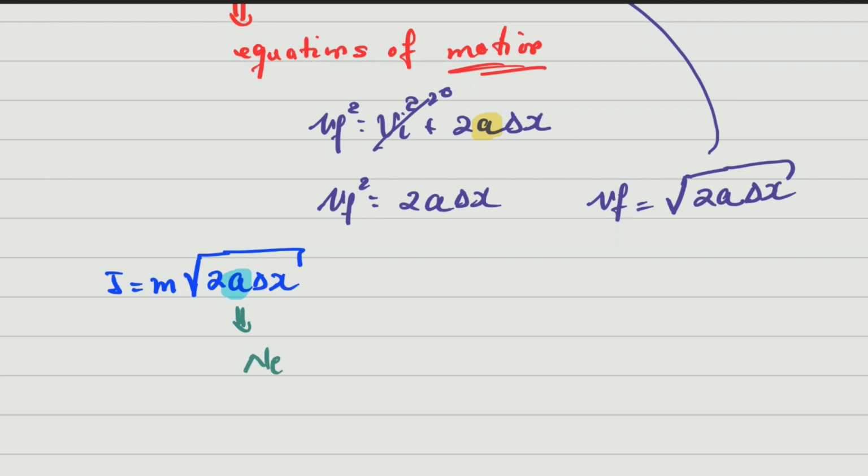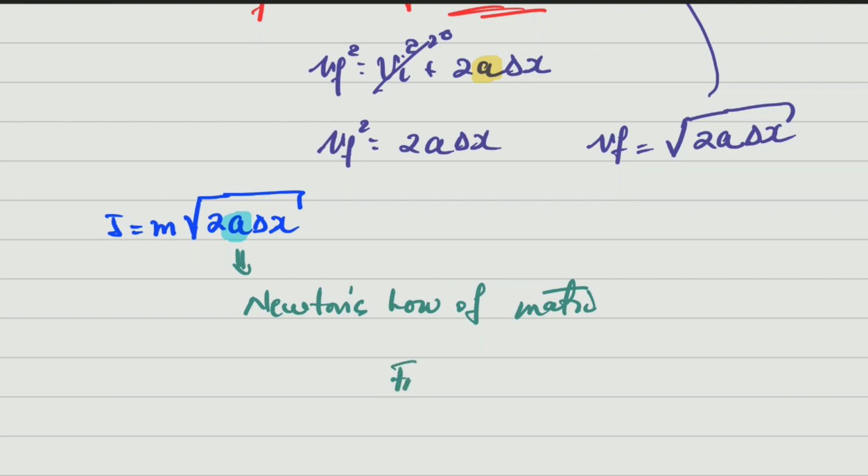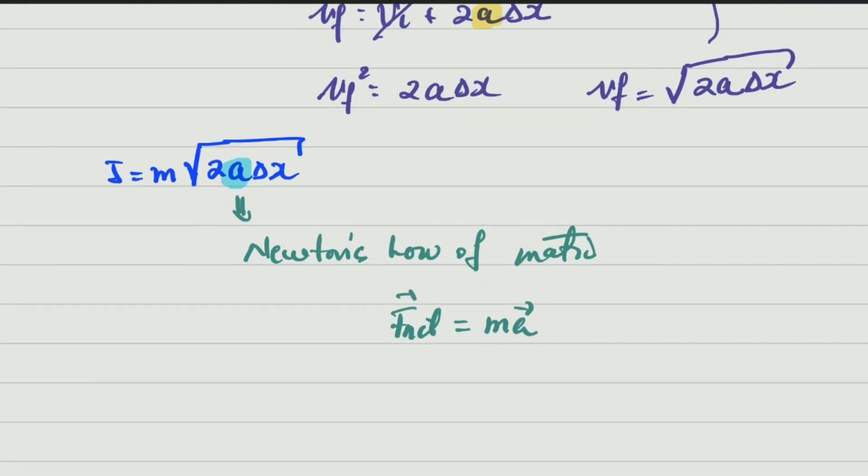Now we're going to go to Newton's law of motion, in which net force is equal to the product of mass and acceleration of the object. The net force is given to us. It is 19,6.